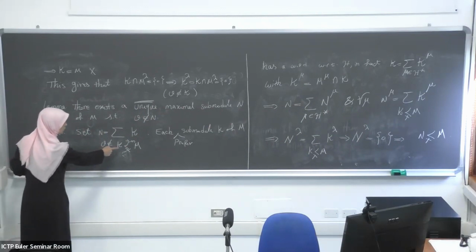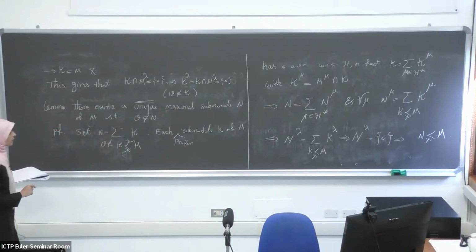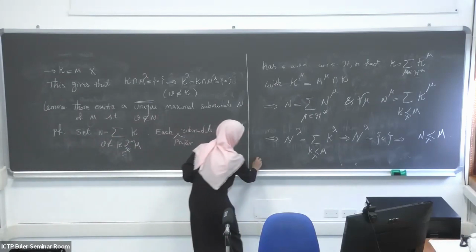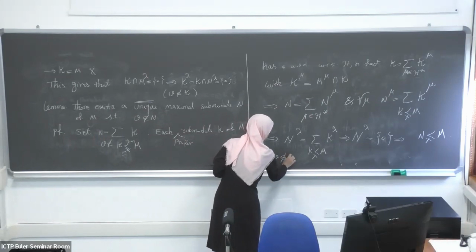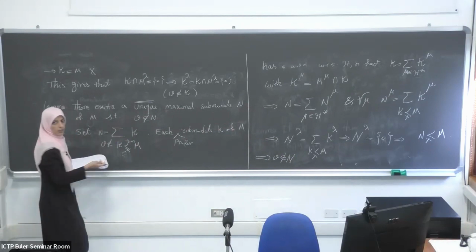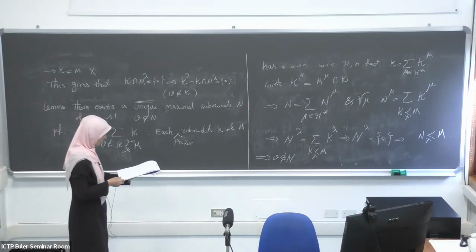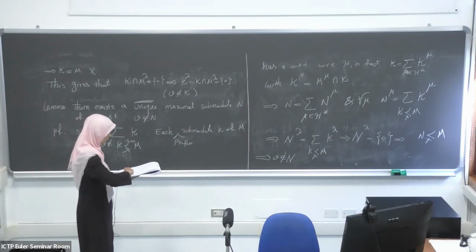Proper submodules are those modules that do not contain V according to the previous lemma, and we get that N lambda is 0, and so it means that V is not an element of N. And we prove that it is unique because I just get the summation of all submodules, and this summation is unique, right?